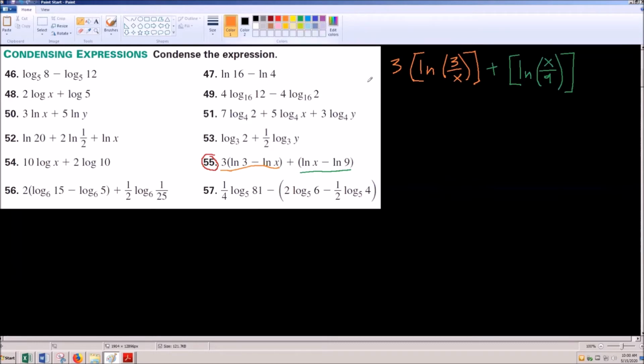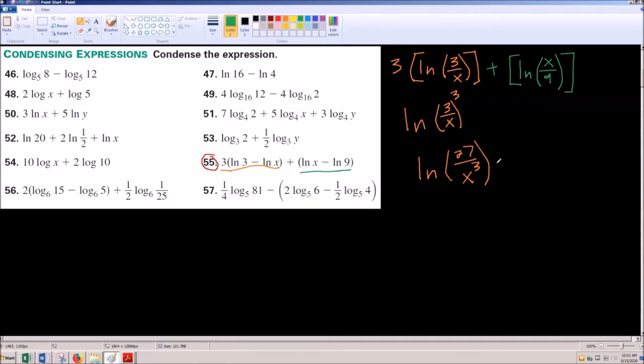So I'm going to rewrite this orange thing as natural log of 3 over x to the third. And if you want to simplify this now, you can. If you want to simplify it later, that's fine as well. So I'm just going to rewrite this thing as natural log of 27 over x to the third. Again, whether you do this now or later doesn't really matter. I'm just doing it now so we can see the simplification.